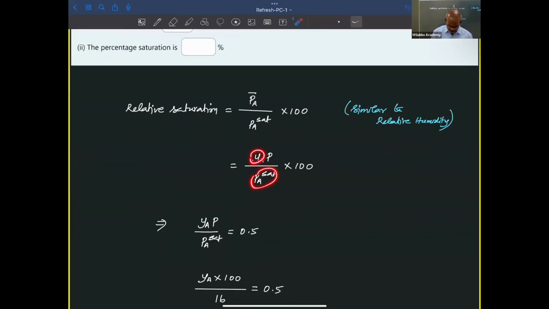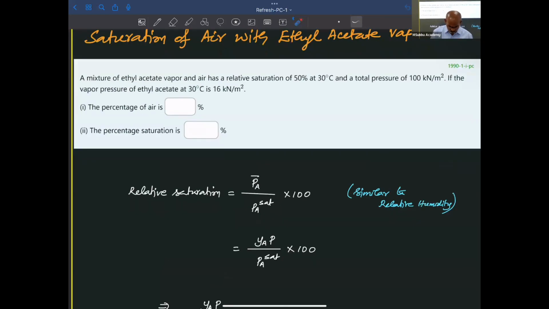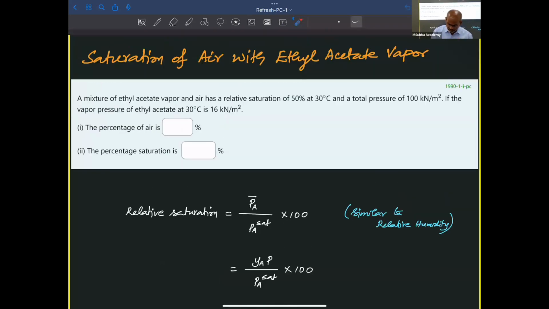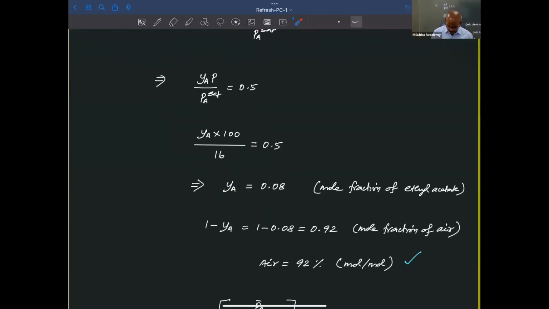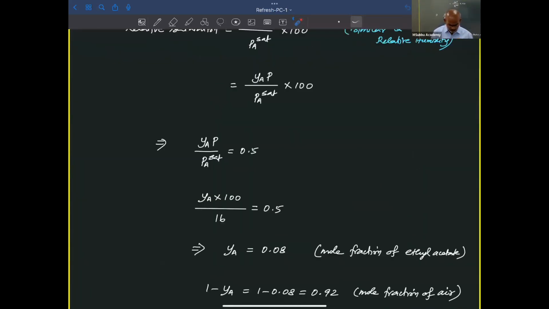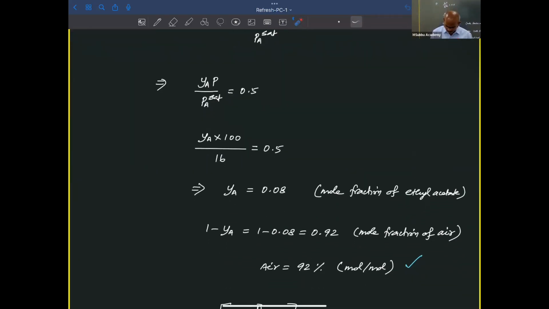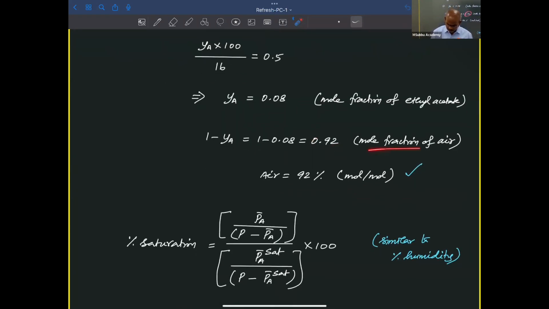So from that, we get the mole fraction of ethyl acetate in the air-ethyl acetate mixture. Okay, once this is available, we are asked to report the air percentage. So this is percentage of air. This mole fraction of ethyl acetate is 0.08 and the balance is air. Actually, this is now equal to 92%.